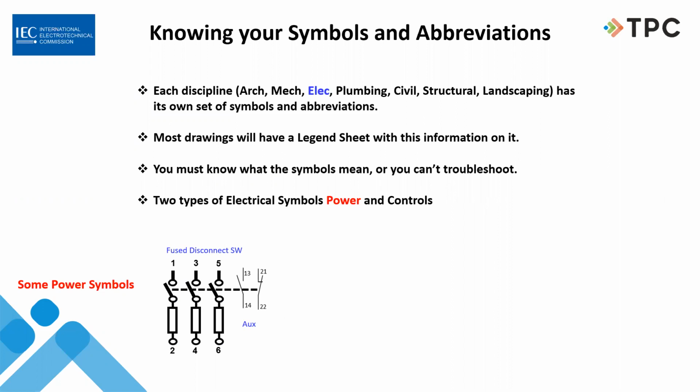But one of the important things is that you see our numbers on our print there. And this is a typical thing with IEC, and that is 1, 3, 5 are on the line side, 2, 4, and 6 are the load. So as we go through our prints today and start talking about them, one of the things you're going to see is odd numbers are source, even numbers are load.